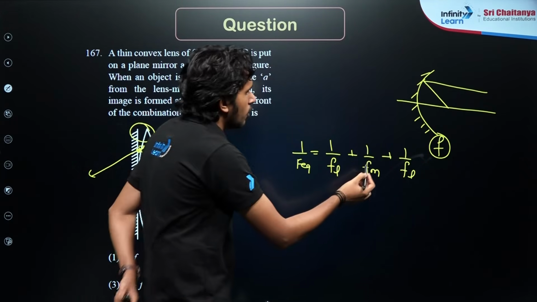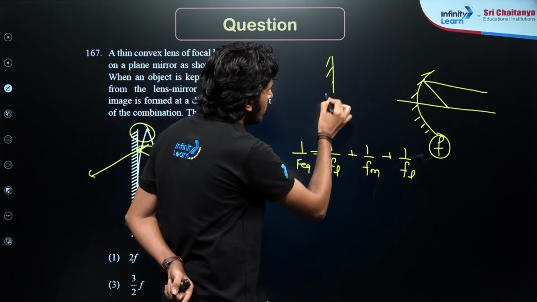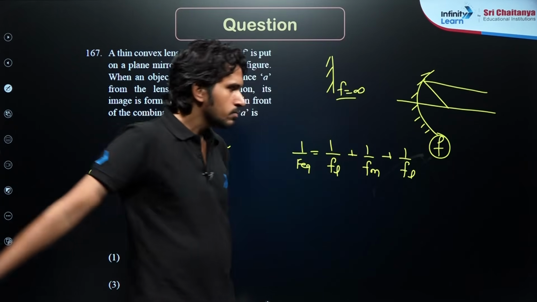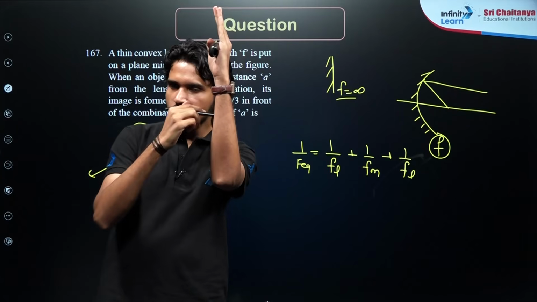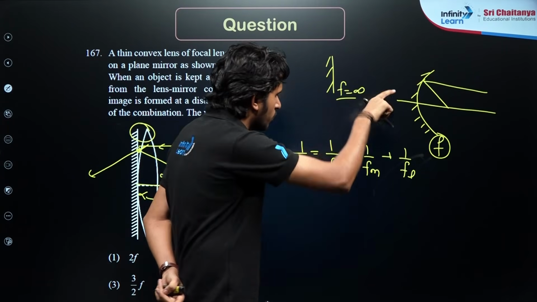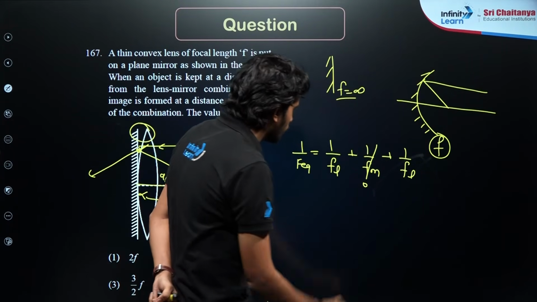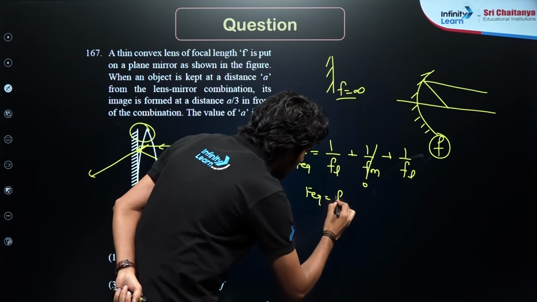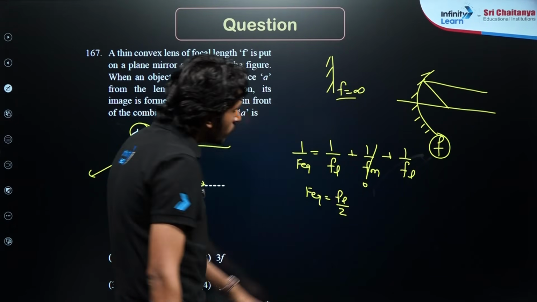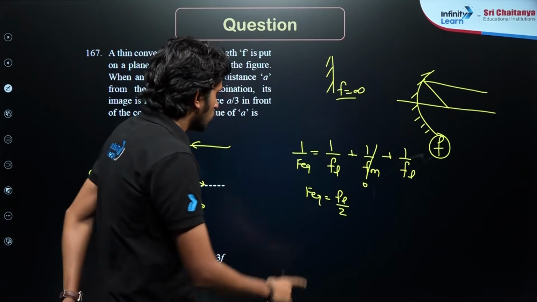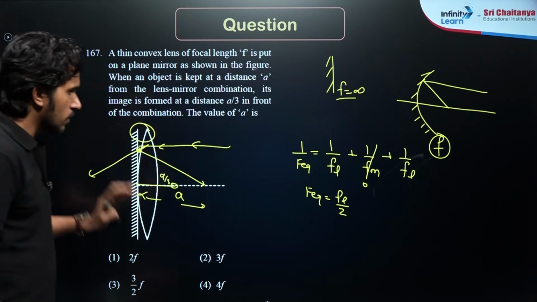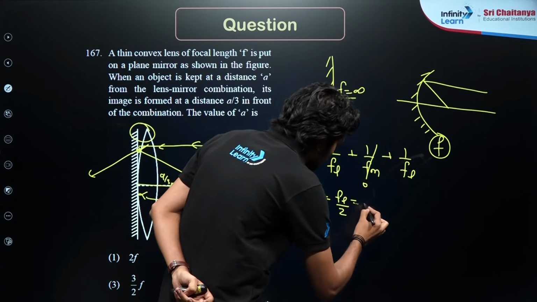And FM, the focal length of a plane mirror, is what? Infinite. Yes or no? Because that is a plane surface, so the focal length will be infinite. So that value is 0. So the equivalent focal length is FL by 2. So that will be the focal length for that. So the focal length is given or not? That is given, F only. So let's write it, F by 2.